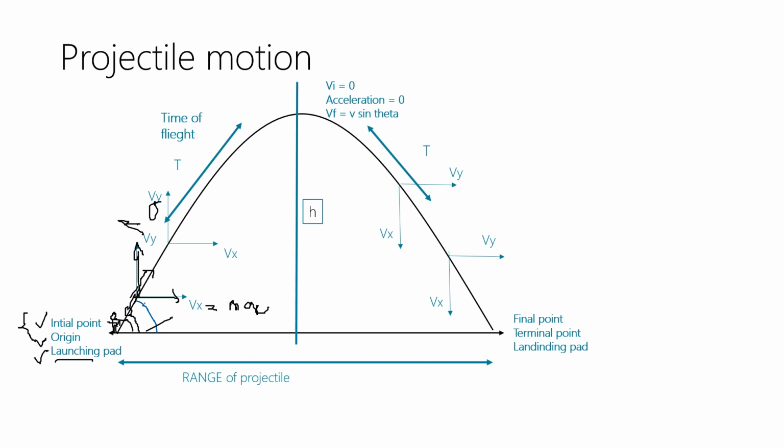As the body moves upwards, the gravitational force acting on it is minus, because we know that when a body moves upwards, the gravitational force is minus. So here the gravitational force is minus. The time from here to here is known as time of flight. Now the distance from here to here is known as range of the projectile.